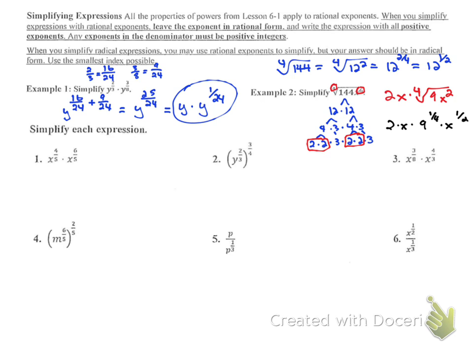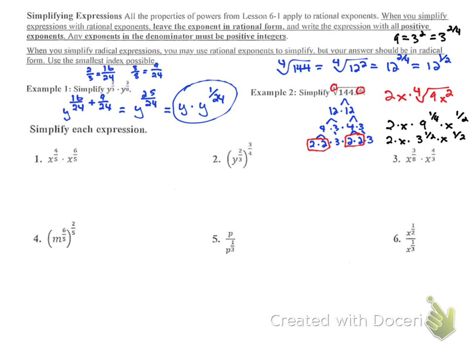Now, 9 to the 1/4 would actually simplify to 3 to the 1/2 power, times x to the 1/2. Because 9 is 3 squared, right? So that would make that 3 to the 2/4, which is 3 to the 1/2 power.